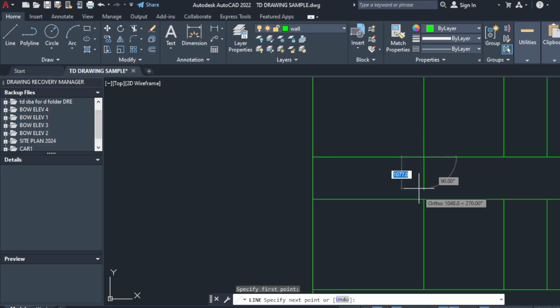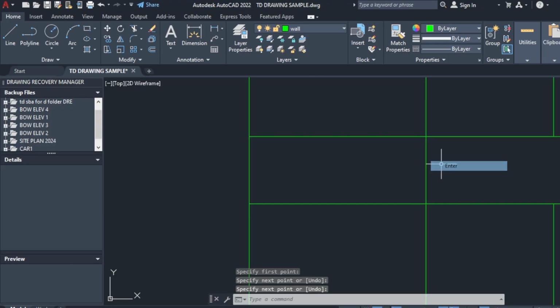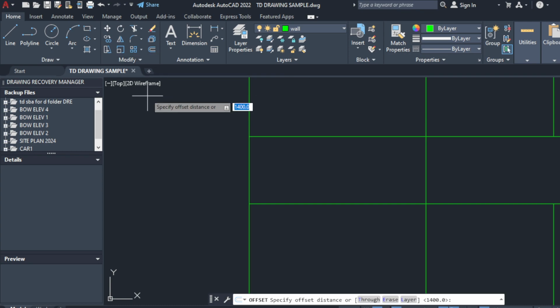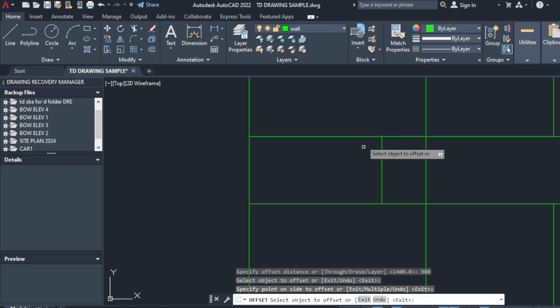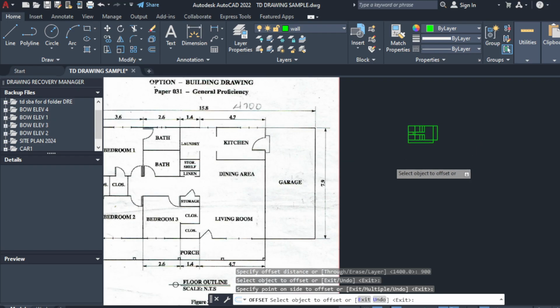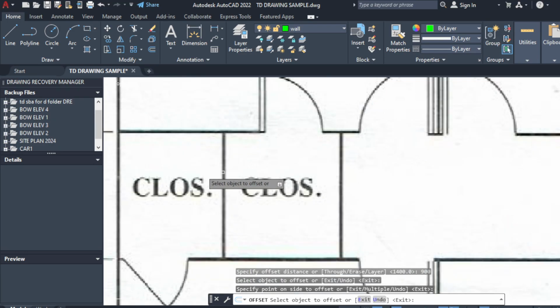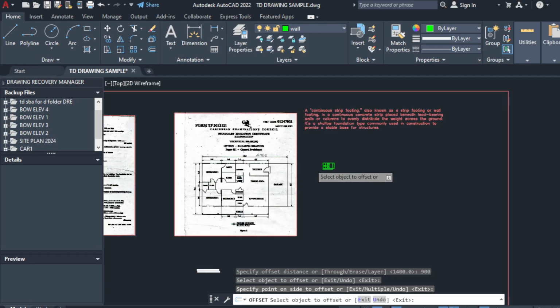So I can just draw back a line here and offset this line at 900 millimeters. So this gives me my door space, and I want to divide this closet space into equal parts.